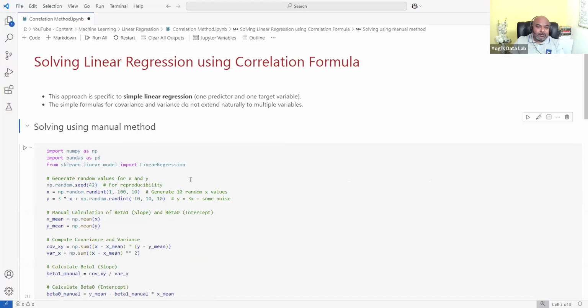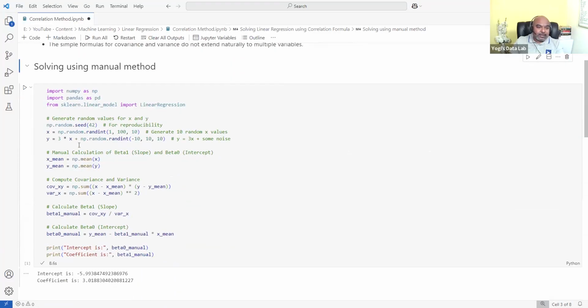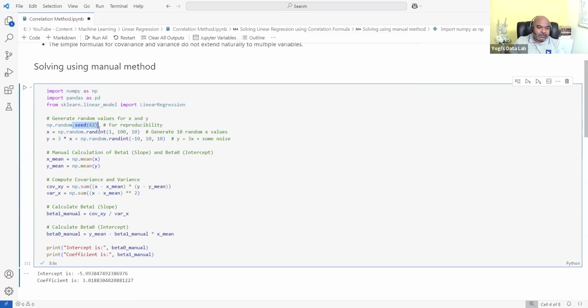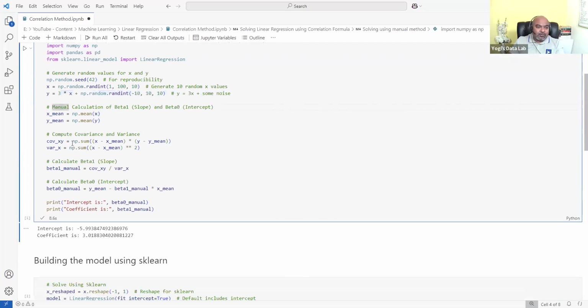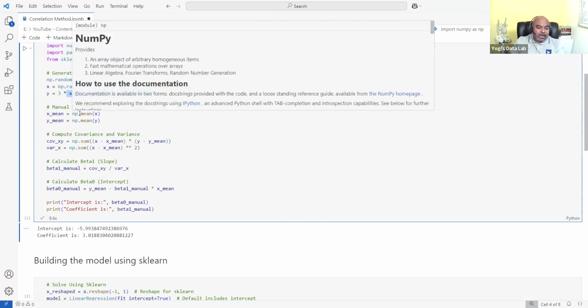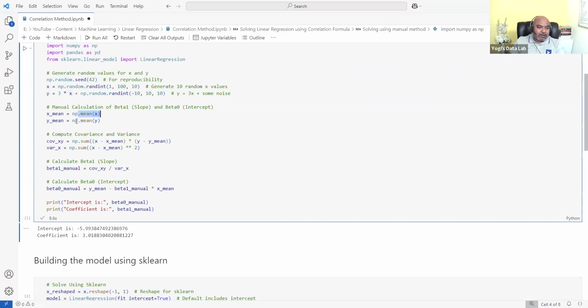Okay, so here I have generated some numbers with a seed, and I am creating some random numbers and adding some noise to them. This is my x and this is my y. So I'm calculating the mean of x and the mean of y.